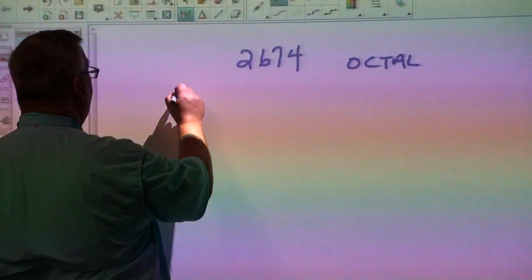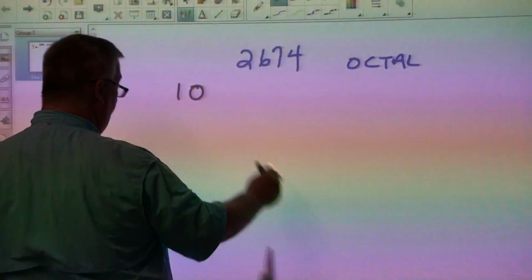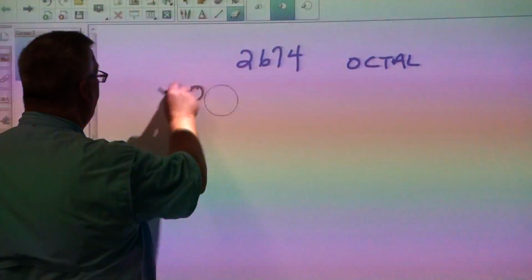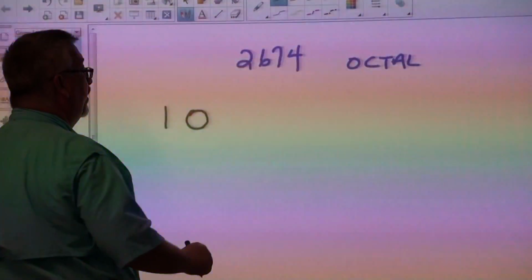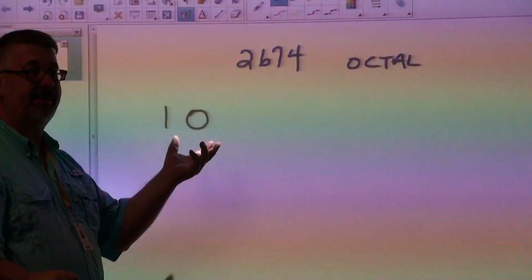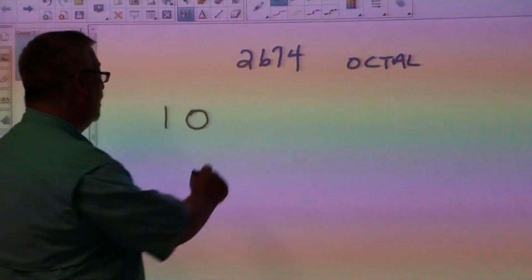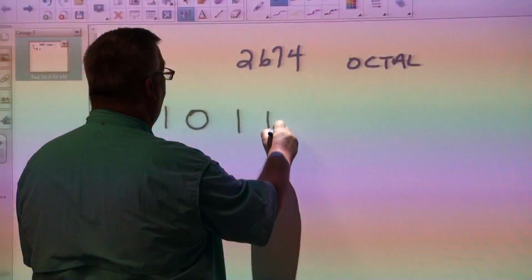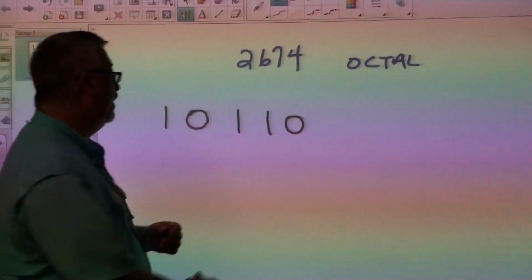All right, 2 is 1, 0. Let me write that a little bigger so I don't have to cram these numbers in. I'm doing groups of 3, right? So 0, 1, 0. 6 is 1, 1, 0. 7 would be 1, 1, 1.